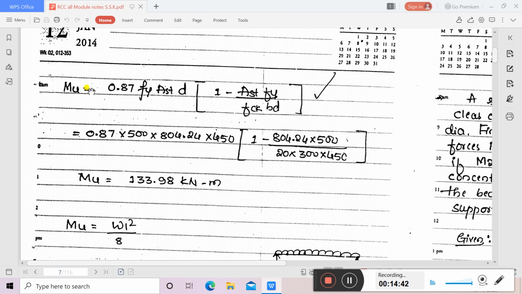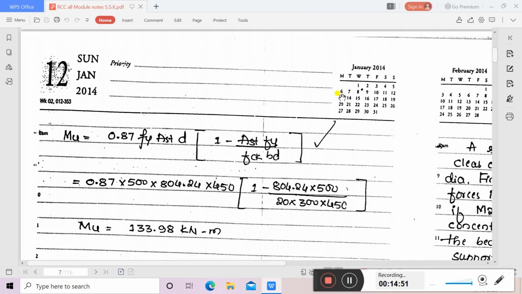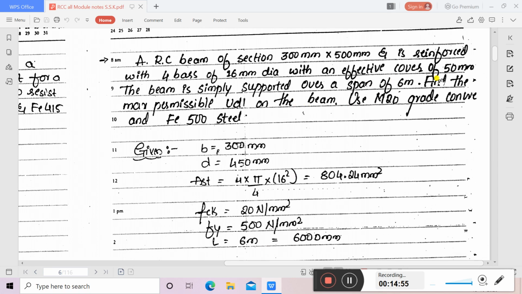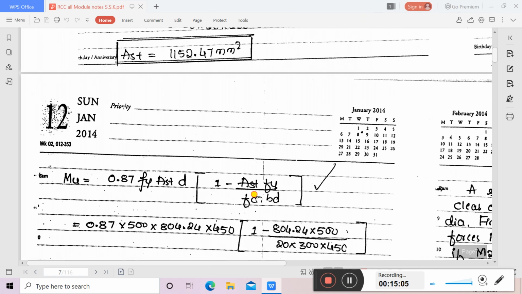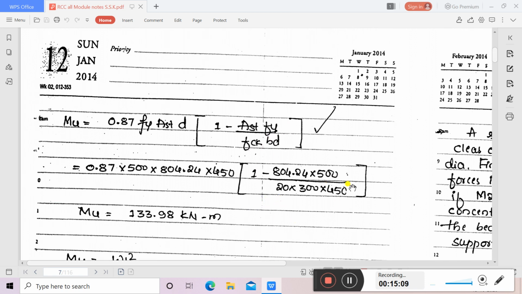Here it is: Mu is equal to 0.87 Fy Ast d into bracket 1 minus Ast Fy divided by fck bd. In this way I'll be finding the value of Mu. But what is said in the problem: find the maximum permissible UDL on the beam, that is, the uniformly distributed load needs to be calculated. Unless I calculate the moment, I am not able to find the load, so that's why I am finding the moment here.